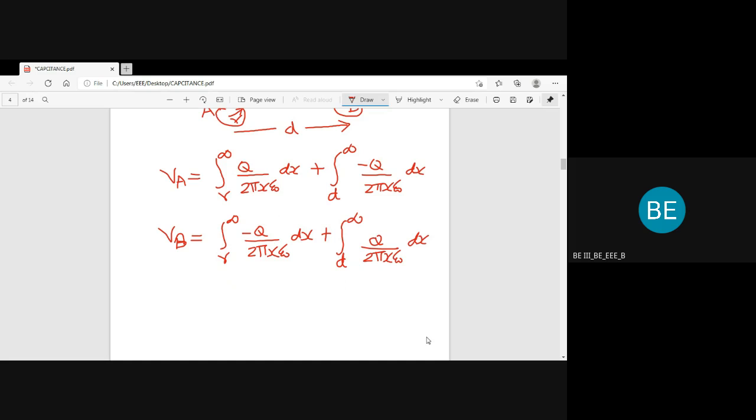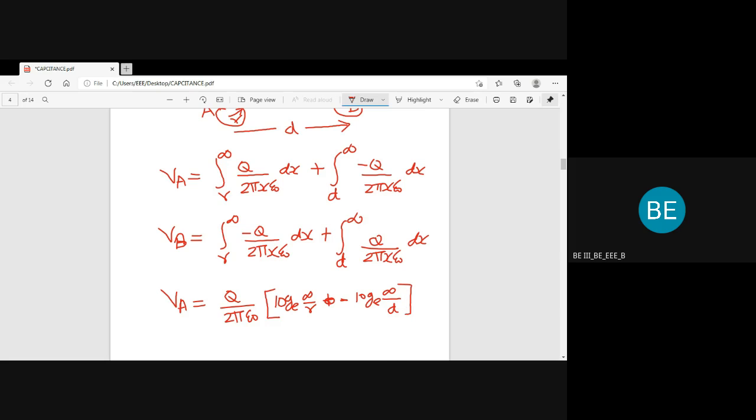If we derive, what will we get? I am deriving for VA. I take q divided by 2 pi sigma naught outside. If I integrate, I will get logarithm of infinity by r minus logarithm of infinity by d.